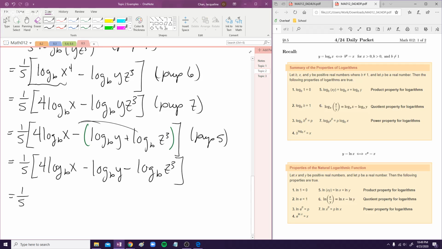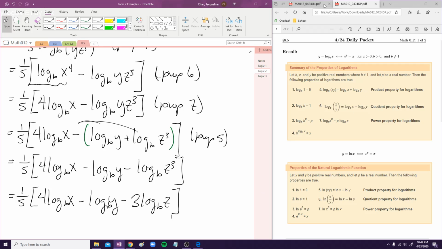So this is 1/5 still. This is 4 log base b of x minus log base b of y. And then over here, there's still an exponent, so I'm going to bring it to the front. So this becomes 3 log base b of z.